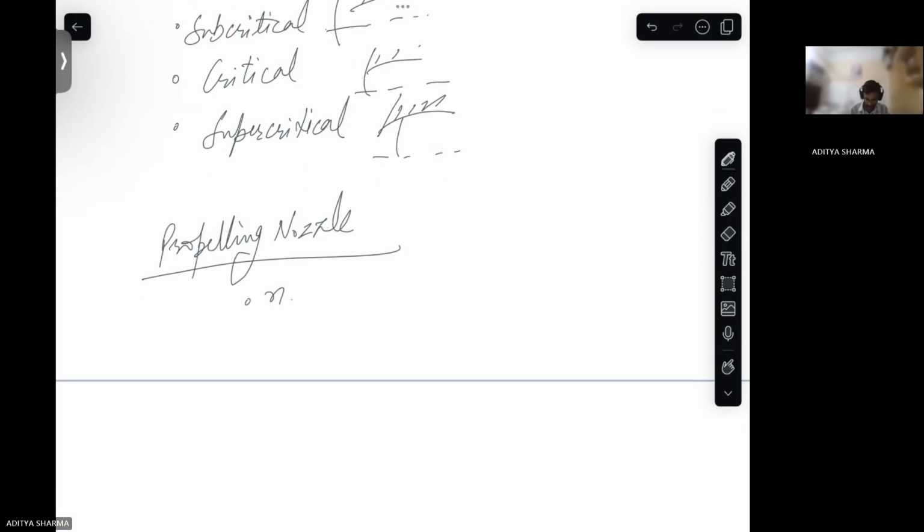So here, its isentropic efficiency is given as T naught 4 minus T5 divided by T naught 4 minus T5 dash. Okay. So we have done numericals using this efficiency of nozzle, where it is expanding from state 4 to state 5.